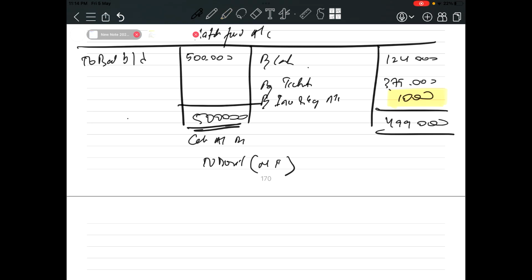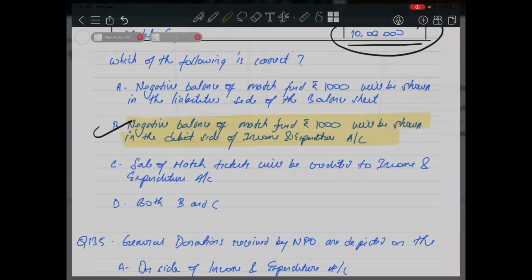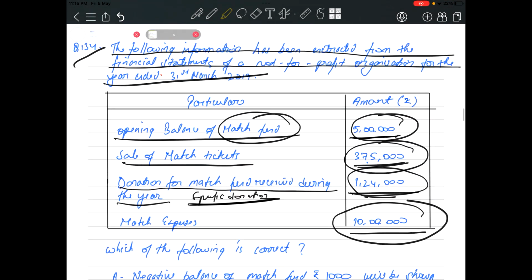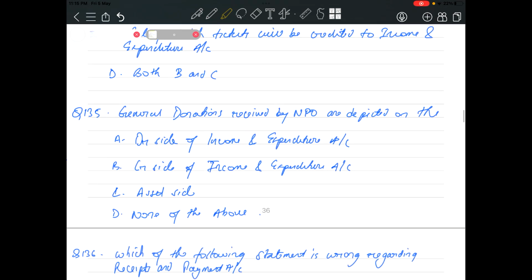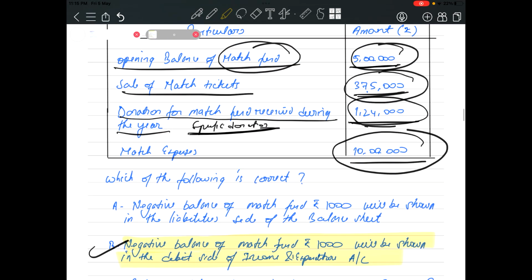Now how will it have negative balance? This 1,000 will be basically given from some other funds, either cash in hand or cash in bank. So this 1,000 will be transferred to income and expenditure account. So I hope this is clear. 134, okay.